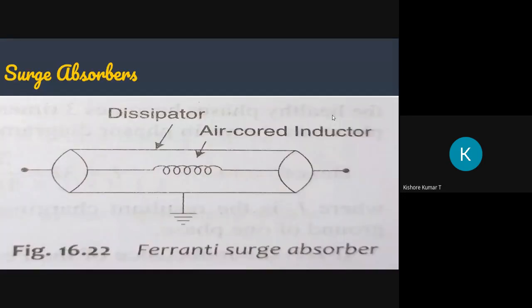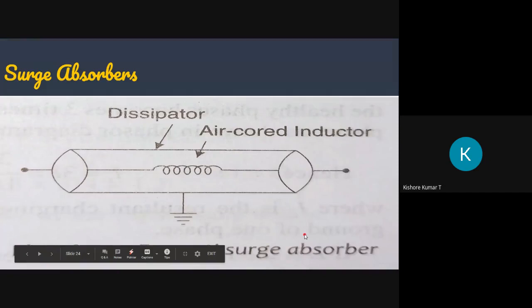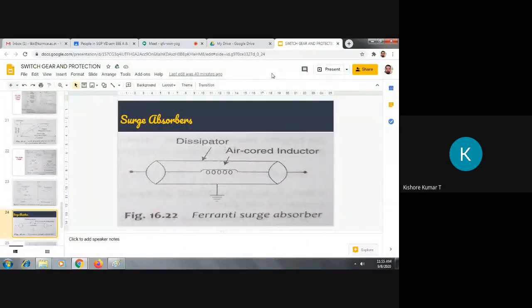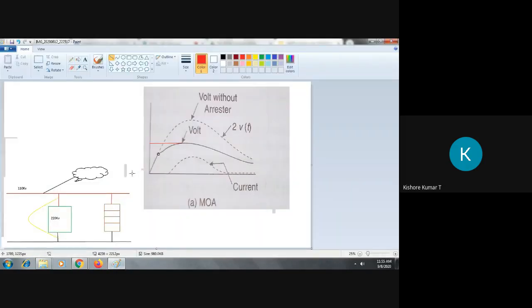Next, coming to surge absorbers. Lightning arrestors is completed. So lightning arrestors are mainly classified into three: expulsion type lightning arrestor, non-linear lightning arrestor, and metal oxide lightning arrestor.